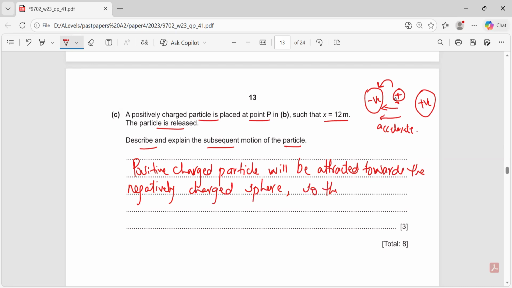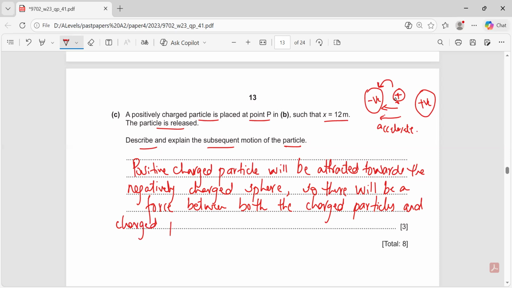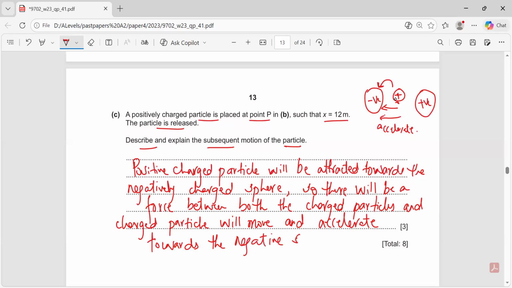So there will be a force between both the charged particles, and the charged particle will move and accelerate towards the negative sphere.